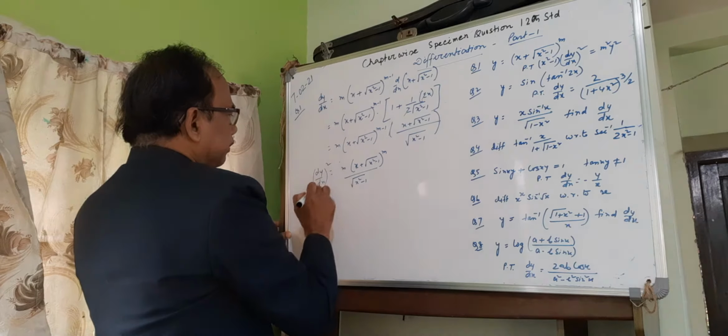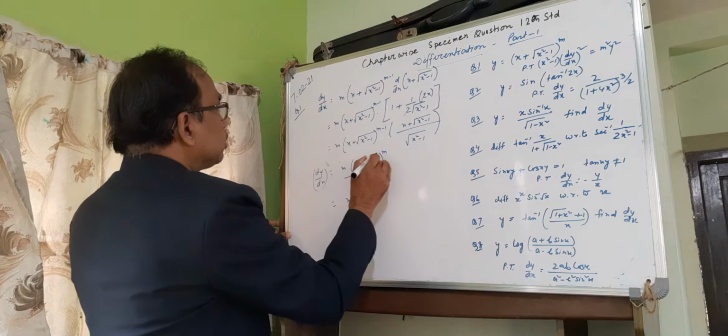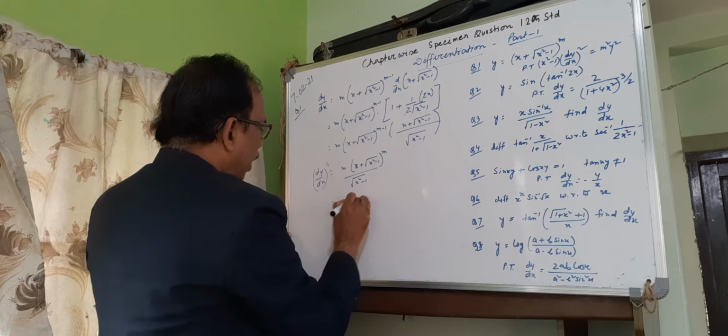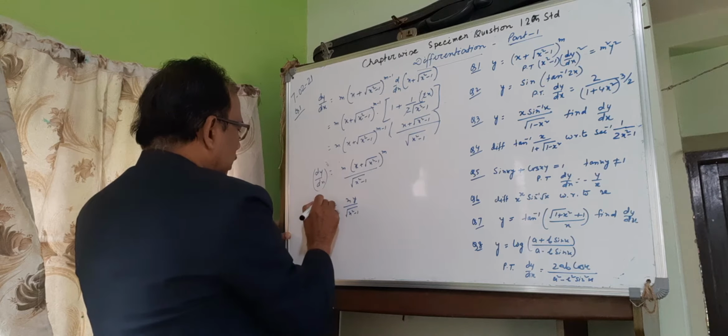Now, y value is this, so dy by dx is m y by root over of x square minus 1.